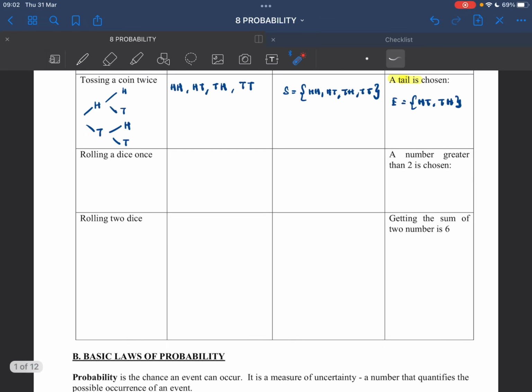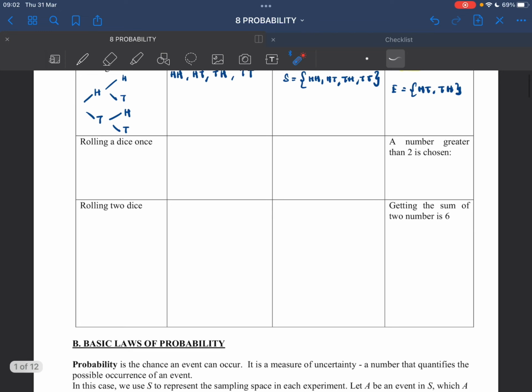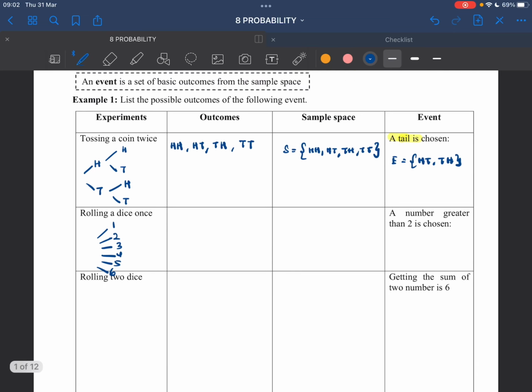Next, rolling a dice only once. If you roll a dice, you can get number 1, 2, 3, 4, 5, and 6. So the outcomes will be 1, 2, 3, 4, 5, 6.